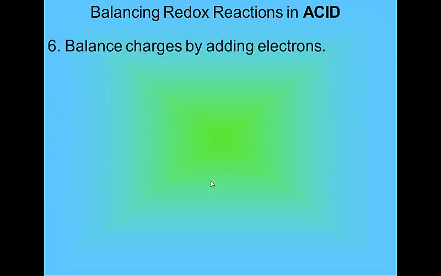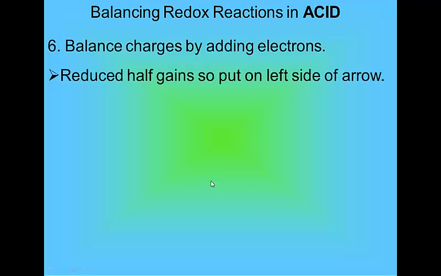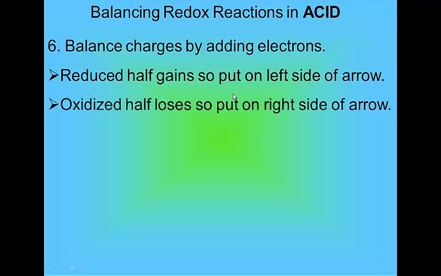Balance the charges by adding electrons. The reduced half reaction will always gain electrons, so put the number of electrons on the left side of the arrow. The oxidized half reaction will always lose electrons, so that goes on the right side, the product side.